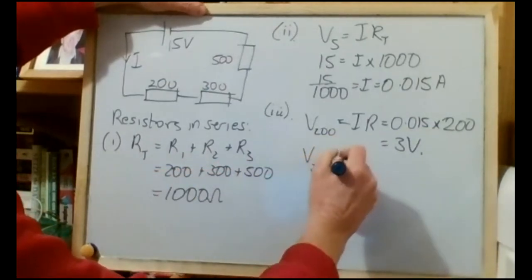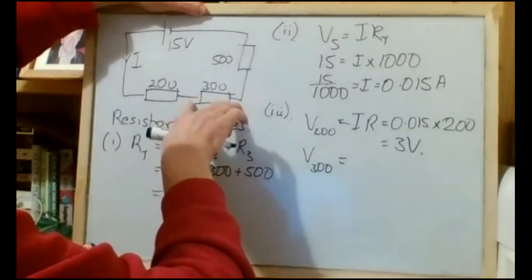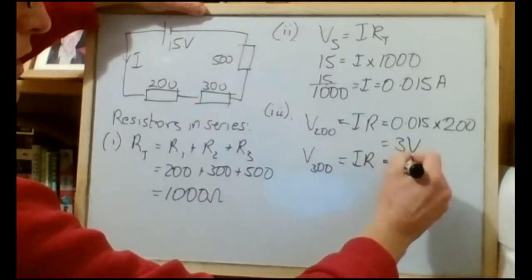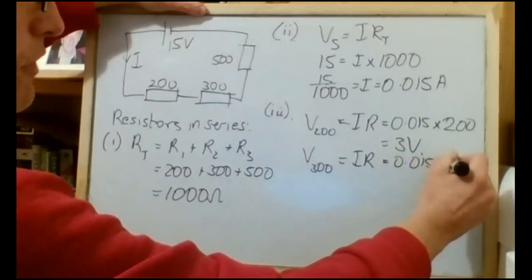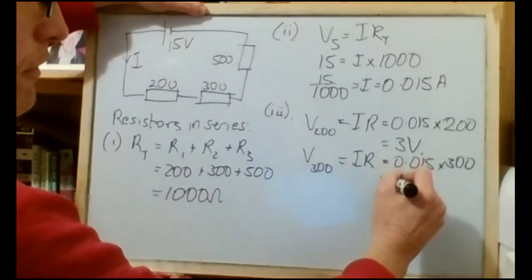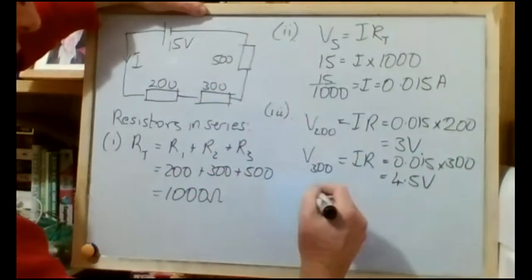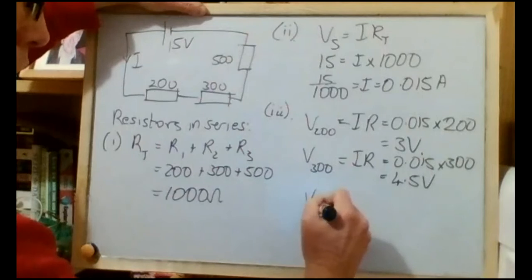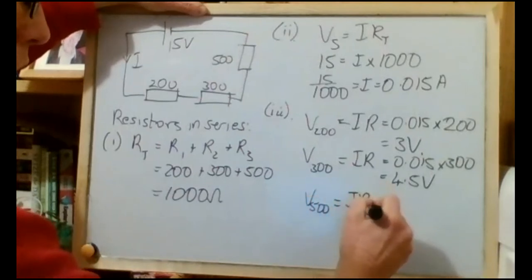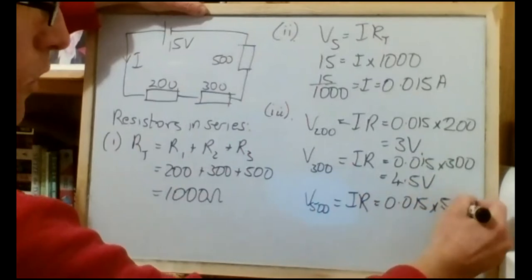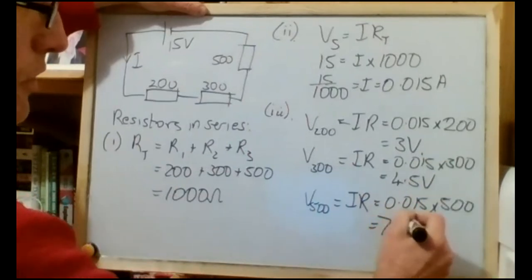V300, now applying it across that resistor, IR equals 0.015 times 300, and you get 4.5 volts. And finally, the 500 ohm resistor, you get 7.5 volts.